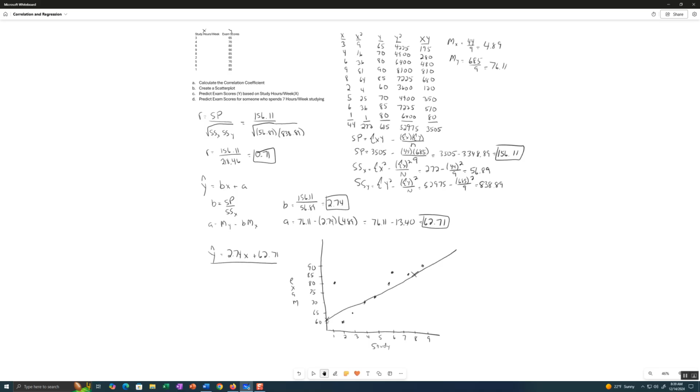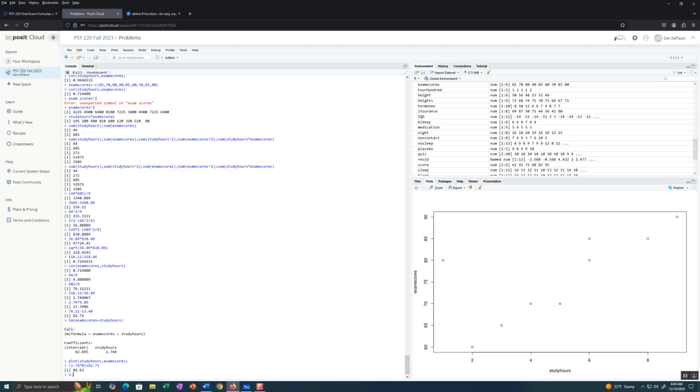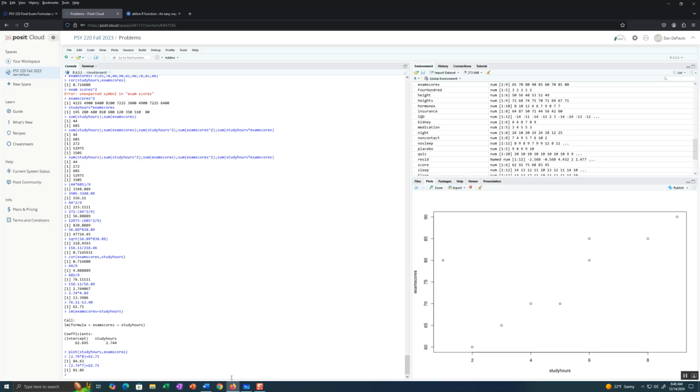If we were to predict 7 hours studying, all I have to do is plug in 7 here. So the prediction for 7 would be 2.74 times 7 plus 62.71. And when I do that, I get 81.89.